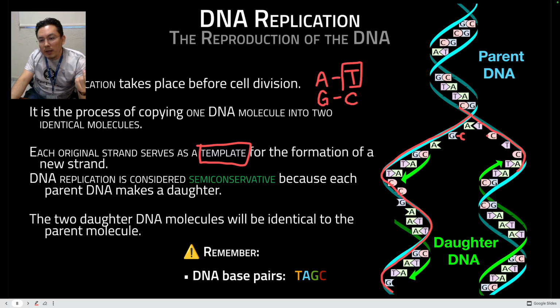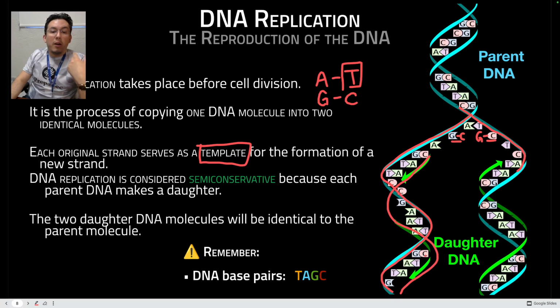So that means that the complementary would be G, which kind of makes sense if you compare this one with this one. So by making these new strands, taking as information, or the original information, the old strands, we can have a new daughter DNA being made from an original old strand.